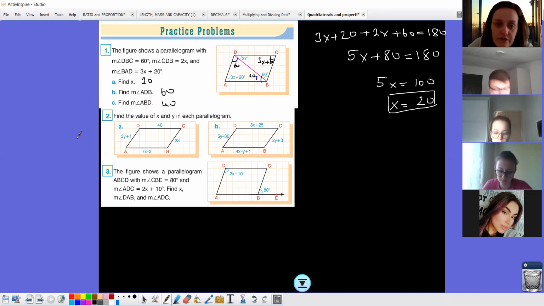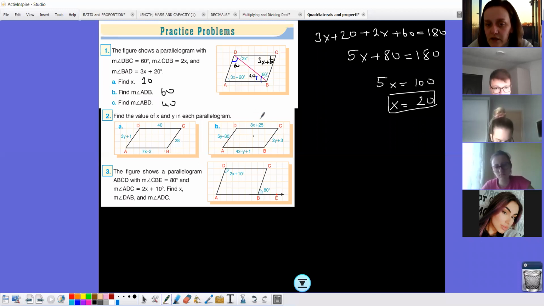In the other questions, the sides are given. So you will only equalize the opposite sides. Okay. Here what you have seems a bit more confusing, but it's not. From this AD and BC, you'll find y.